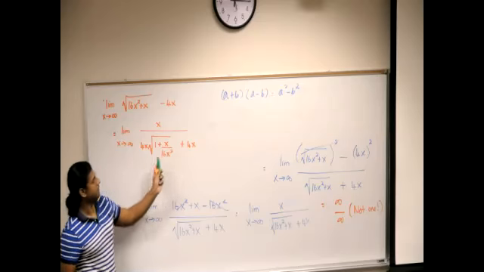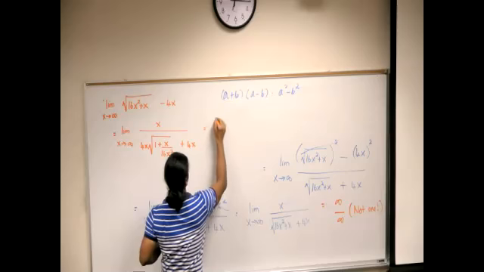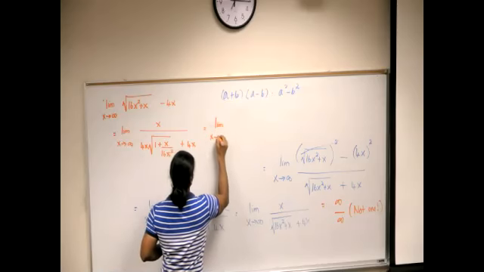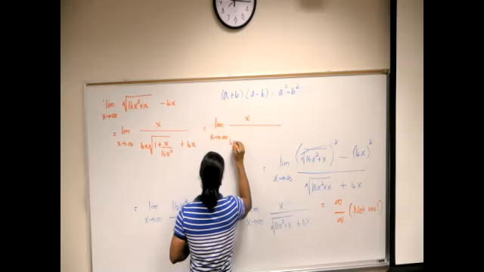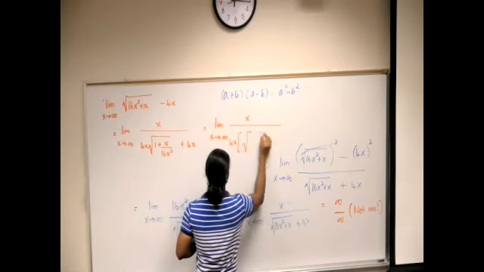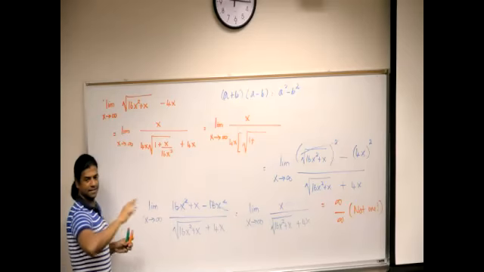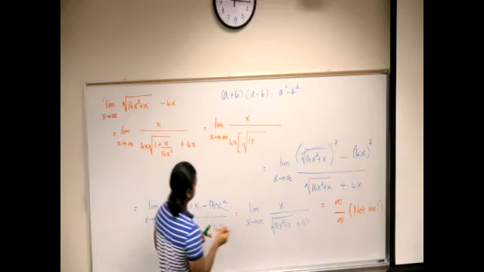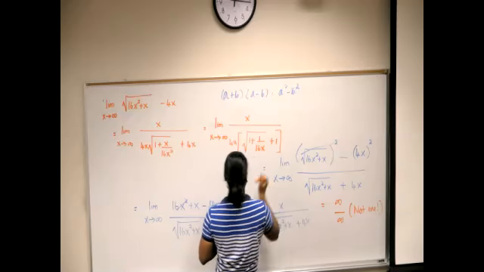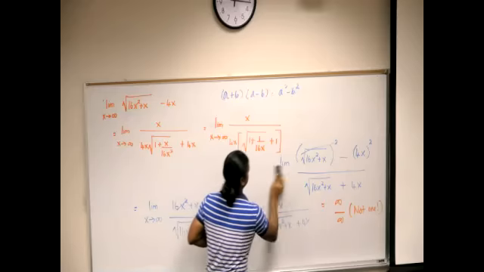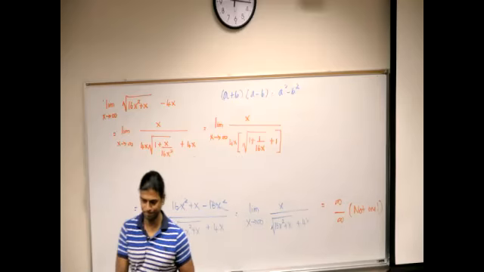What do we see in common between this term and that term? 4x. X squared, I could cancel. I will have 1 over 16x plus 1. Good.